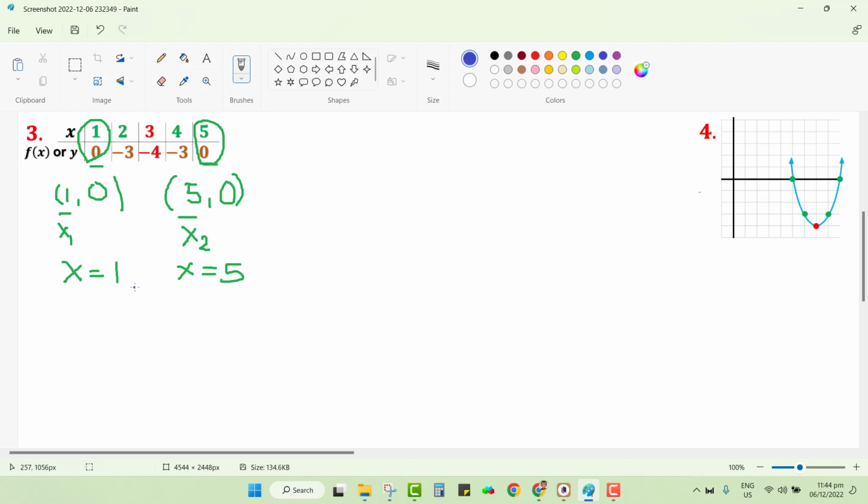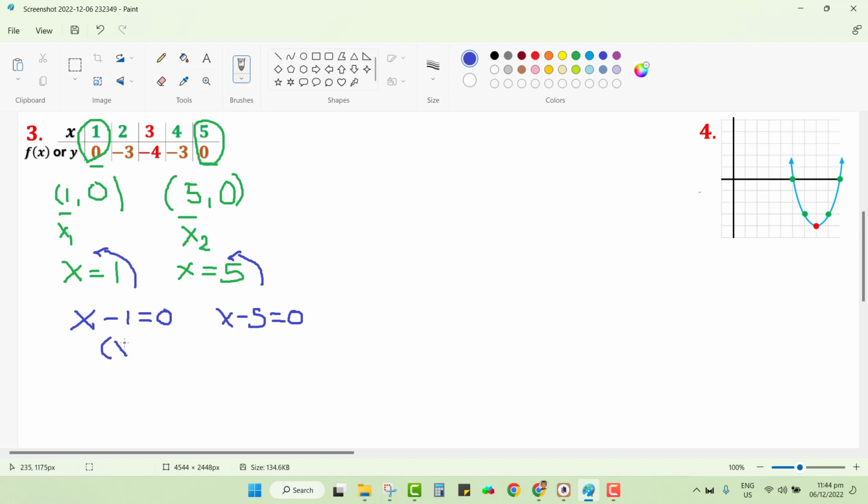Then we do the same process as done earlier. Our two roots now, rather, are binomial expressions. Since both of them are constants, the first one is x, the positive 1 becomes negative 1, equals 0. The 5 here will also be moved to the other side: x minus 5 equals 0.